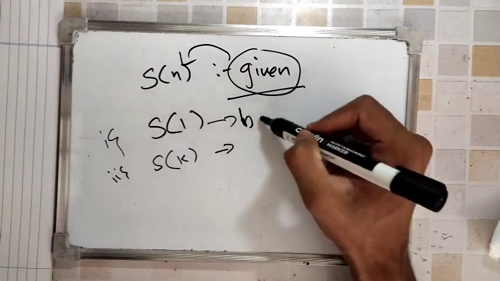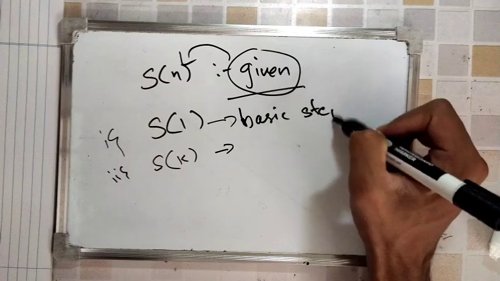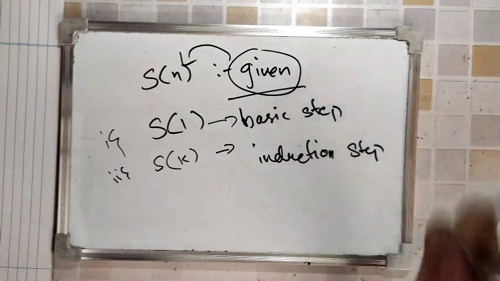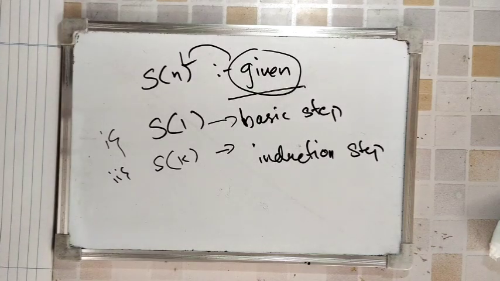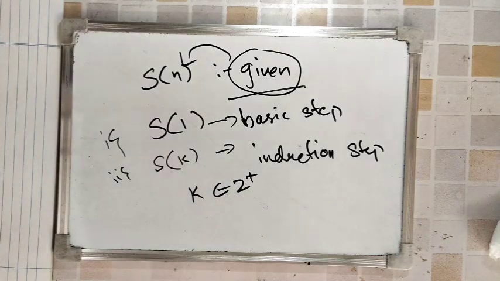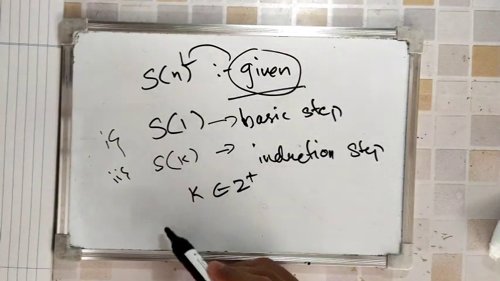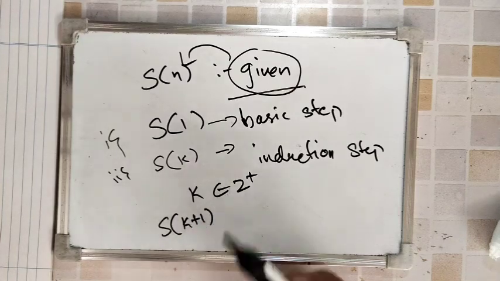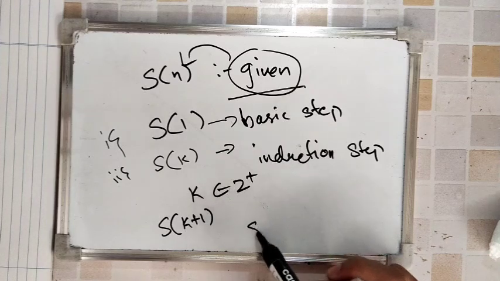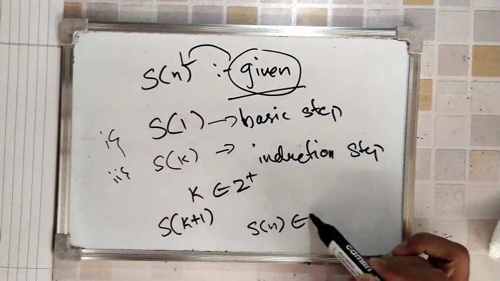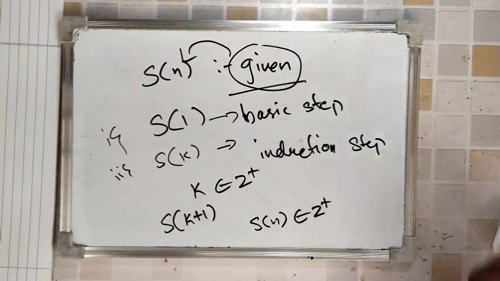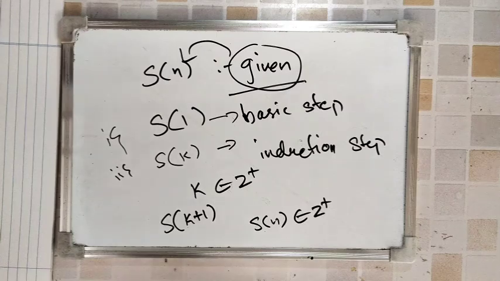Where k belongs to the positive integers, if we assume S of k is true, then we have to prove that S of k plus 1 is also true. Then we say that S of n is true for all positive integers Z plus. This is the basic procedure which will be happening throughout the problems in mathematical induction.